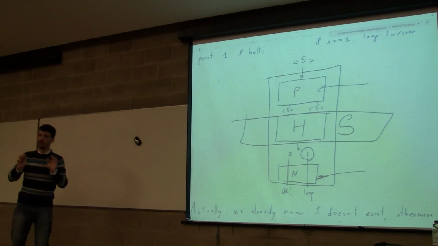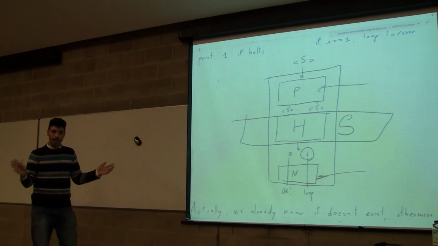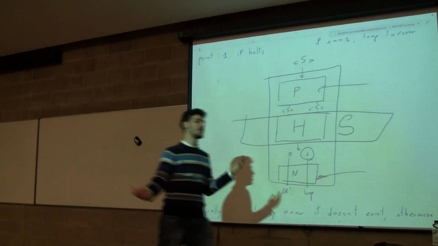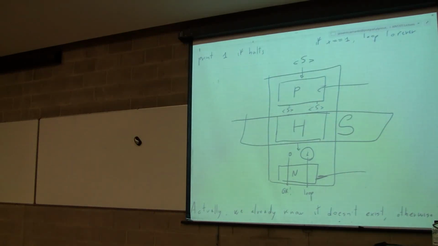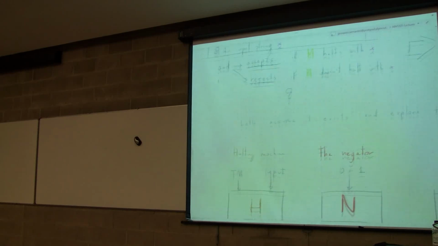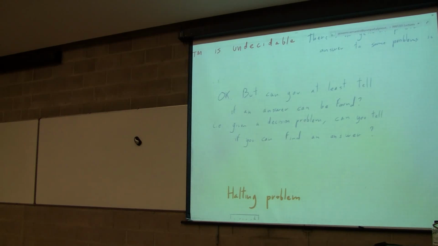So that tells me for a class of algorithms, this will halt, this will not. You still leave out the majority of all algorithms, an infinite amount of algorithms you cannot answer. So H, the halting problem, is undecidable as well. So if I ask you now, can you at least tell if an answer can be found? Given a decision problem, can you tell if you can find an answer? The answer is no.